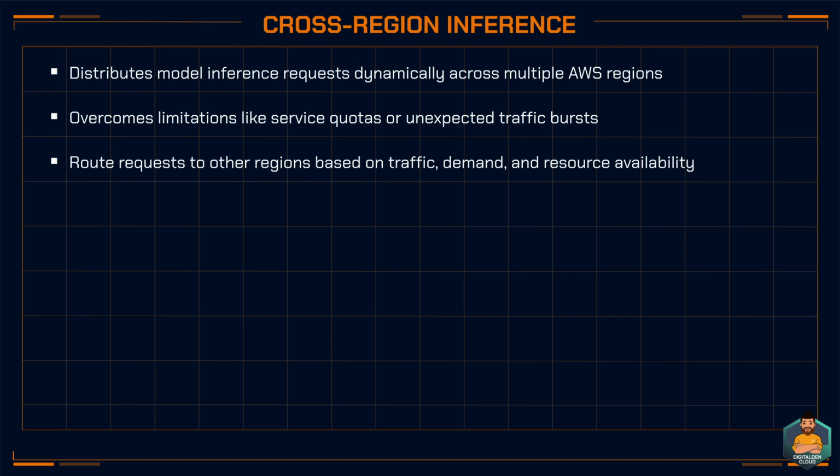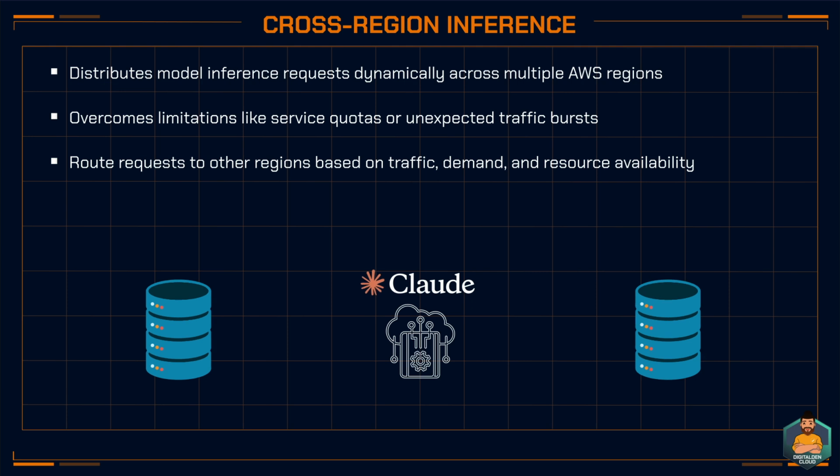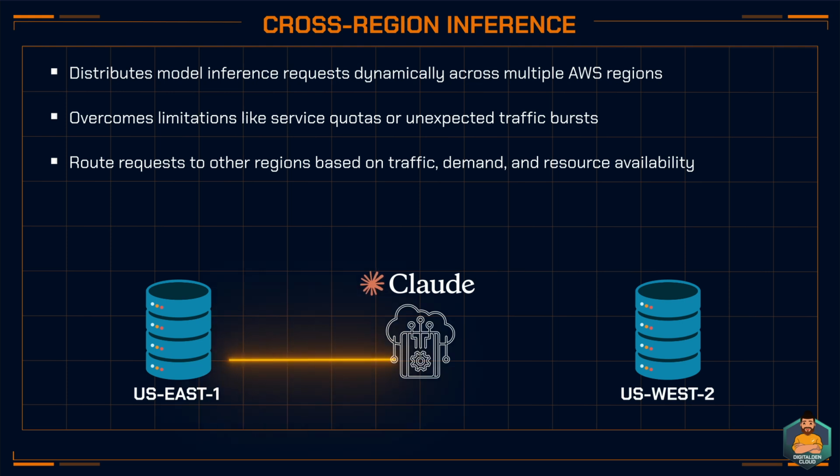demand, and resource availability. For example, the inference profile for the Claude 3.5 Haiku model includes the regions US East 1 and US West 2. If your Bedrock region environment variable is set to US East 1, Cross-Region Inference can route requests to US West 2 when resources in US East 1 are constrained.